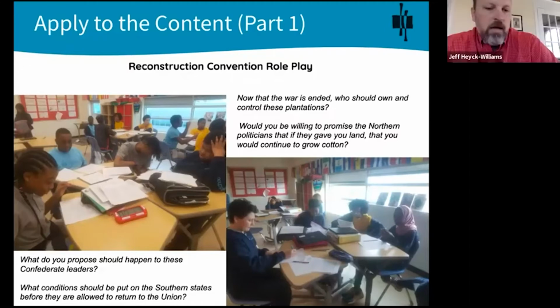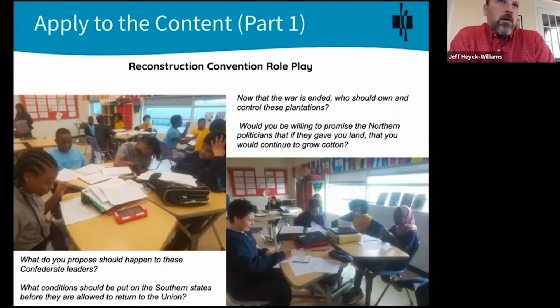The example that I have here is they were studying the United States Civil War. After the Civil War, students were looking at the Southern side that lost, the Confederate leaders, what would happen to those leaders, what should happen to the land, and what politicians should do in relation to that.